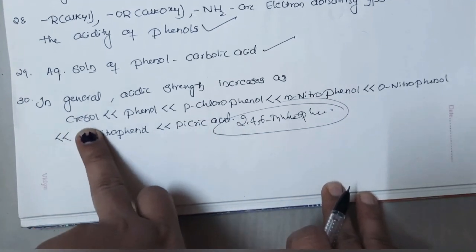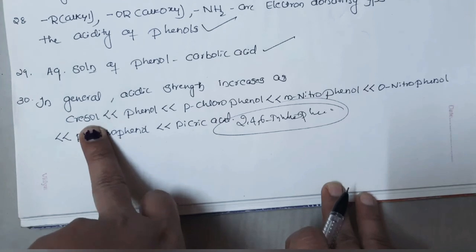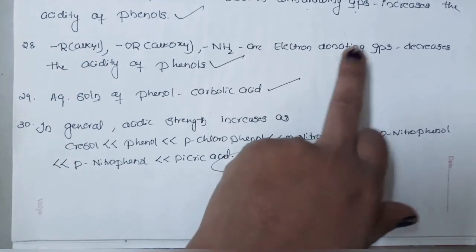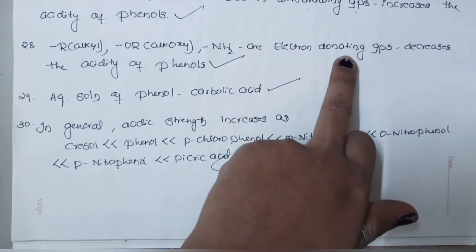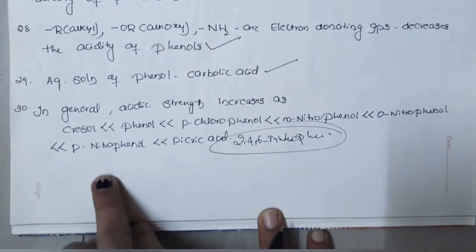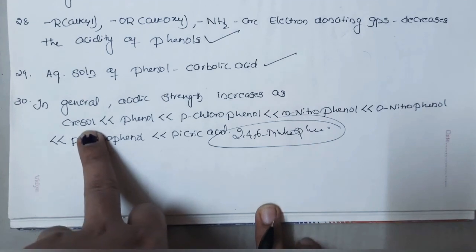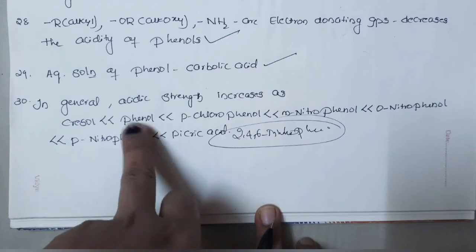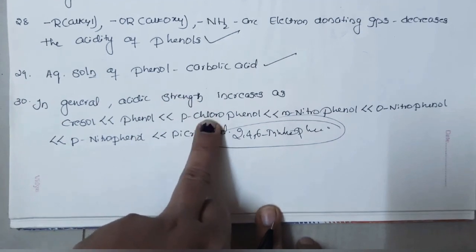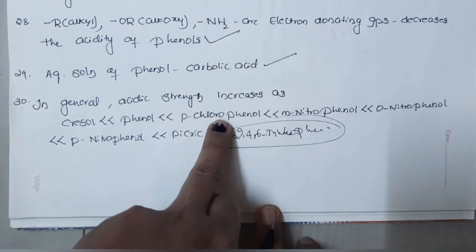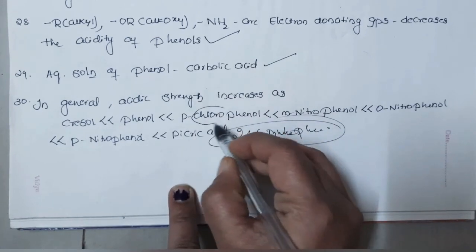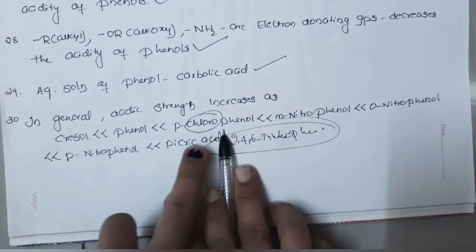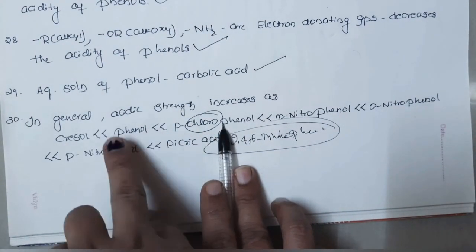When I say cresol, it consists of a methyl group. As I already mentioned, the methyl group is an electron donating group. Obviously it decreases the acidity. So here you can see the arrangement. Cresol is a weaker acid than phenol. Phenol is a weaker acid than parachlorophenol. Why? Because in parachlorophenol I have a chloro group, which is an electron withdrawing group. That's why parachlorophenol is more acidic than phenol.